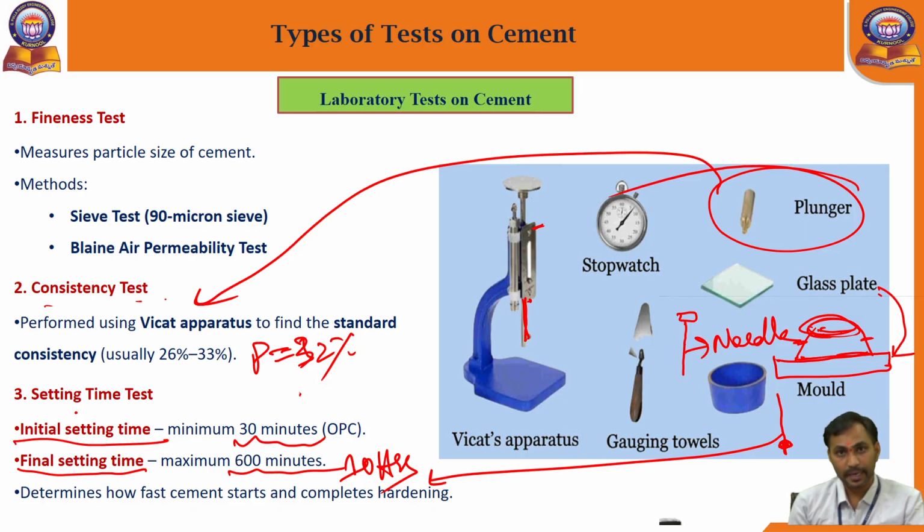When we conduct the test, the cement paste is prepared and placed in this mold. After 30 minutes you conduct the initial setting time: after the 30 minutes, how much time does the cement take to set hard?